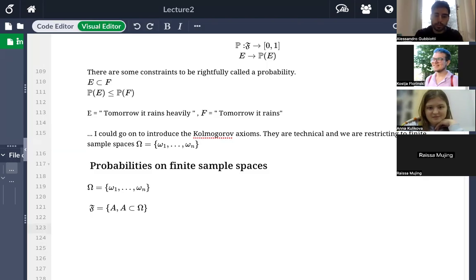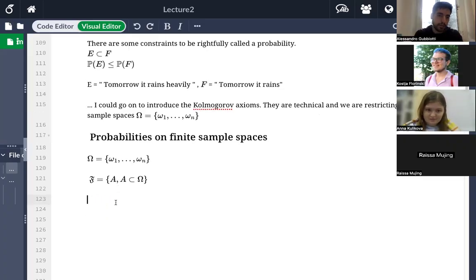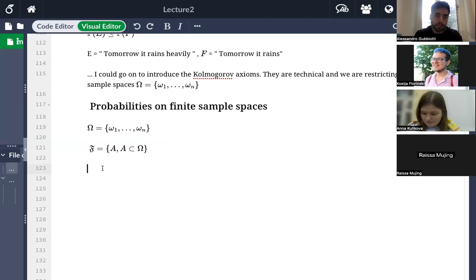And a probability is a function from this set F to the numbers between 0 and 1. So how can we define it? Let's start by defining the probability on elementary events.